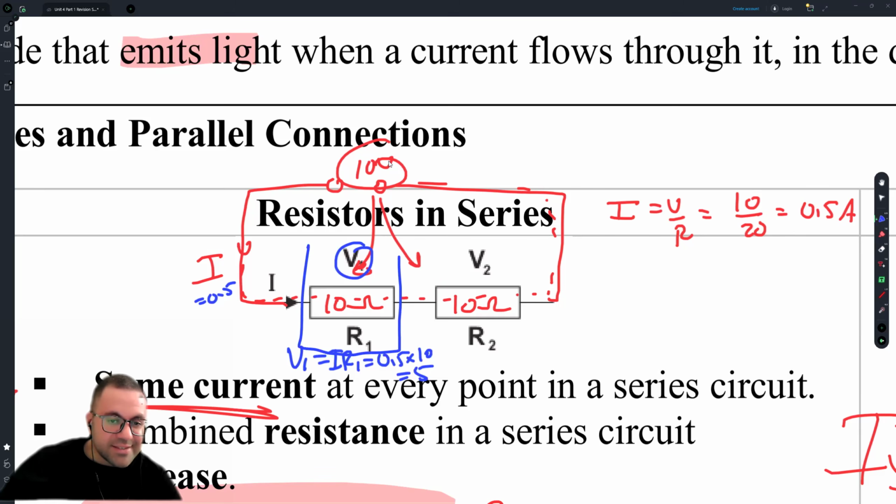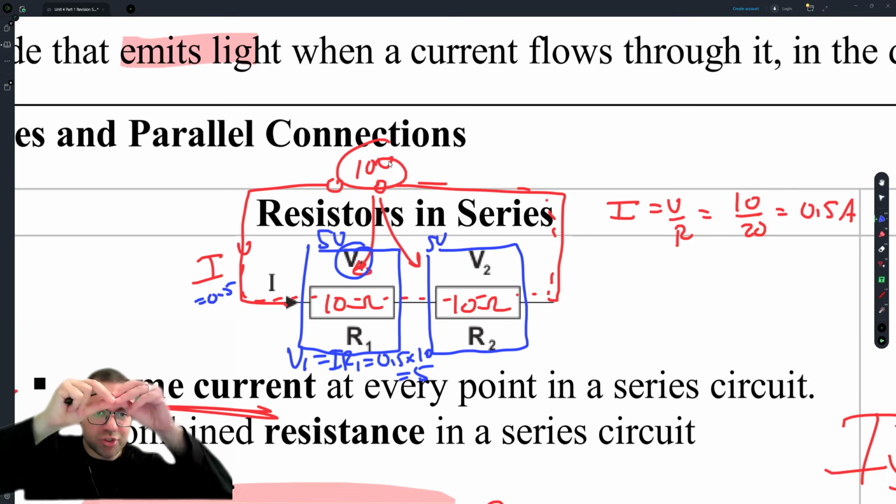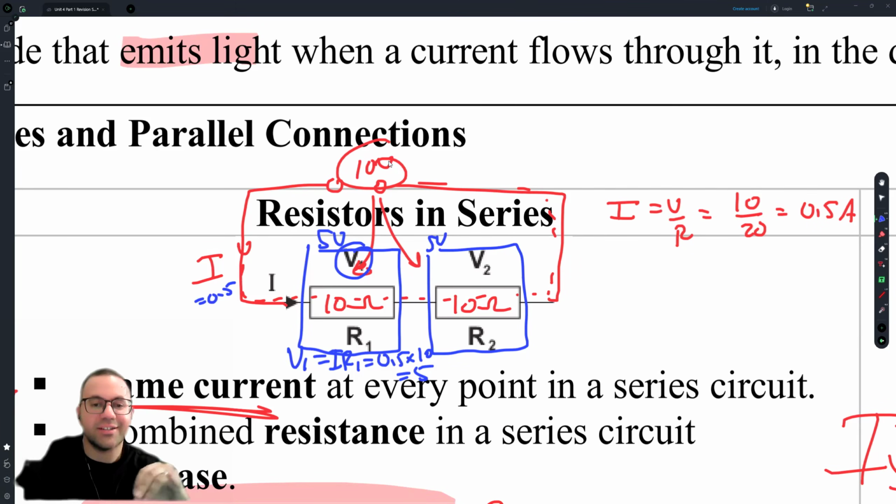This means that this resistor only gets 5 volts from the supply, which means the other one also gets 5 volts from the supply. The total voltage that you have gets split, gets divided.